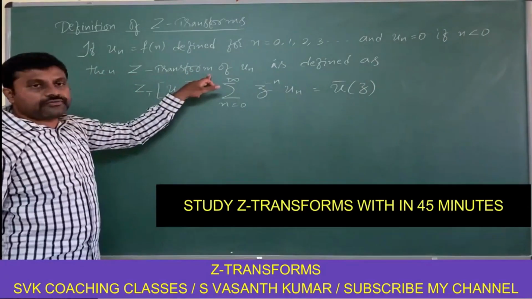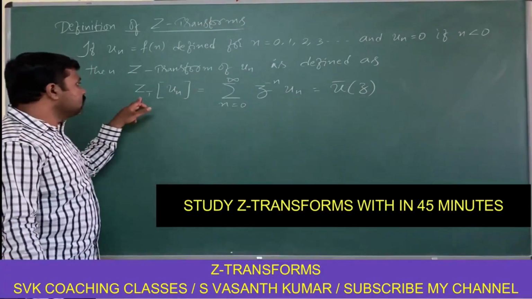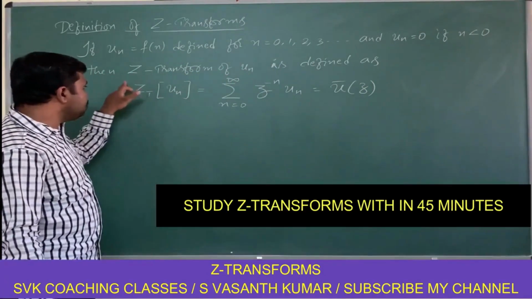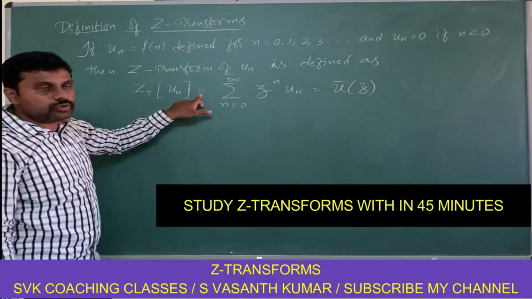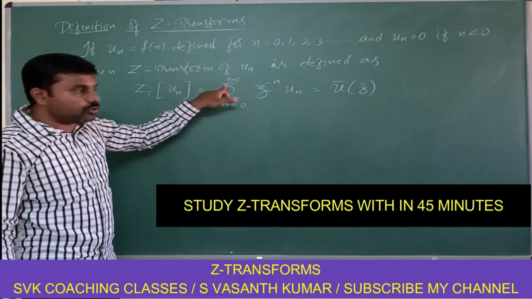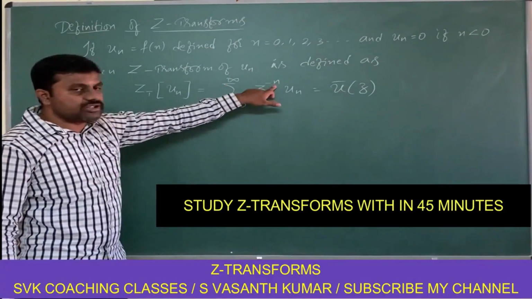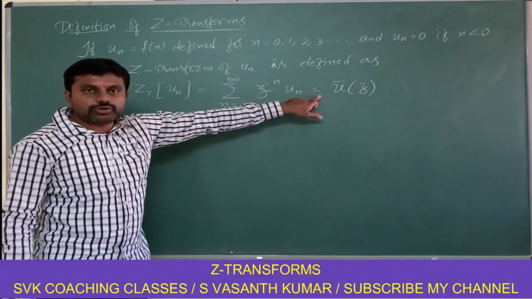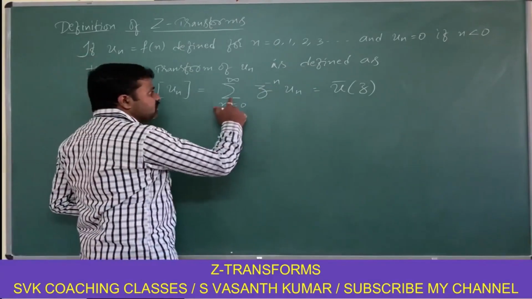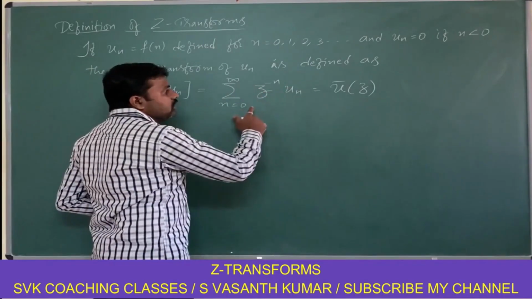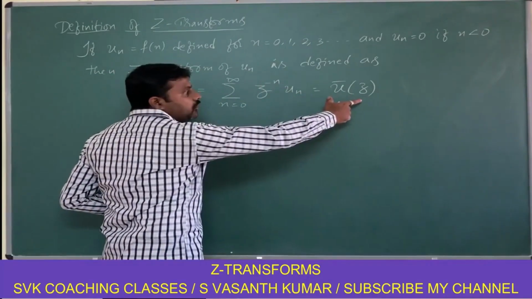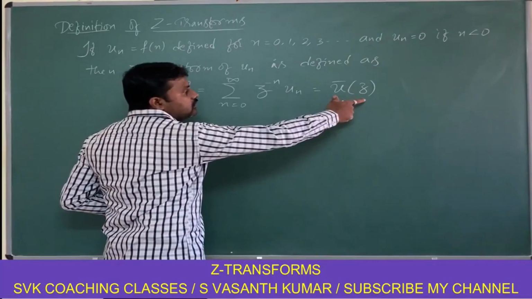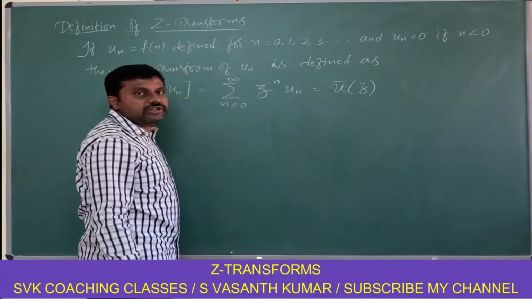Then the Z transform of u_n is defined as, Zt is a notation, Zt of u_n is equal to summation n equal to 0 to infinity z power minus n u_n. As you expand this, the function will be retained with the terms containing z alone. That's why we have given that notation as u bar of z.